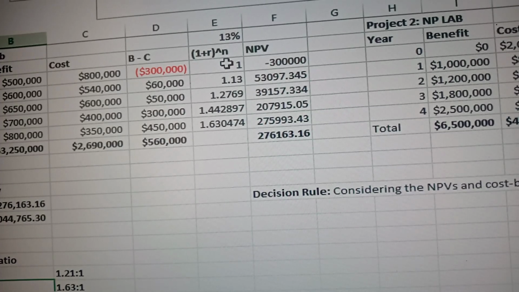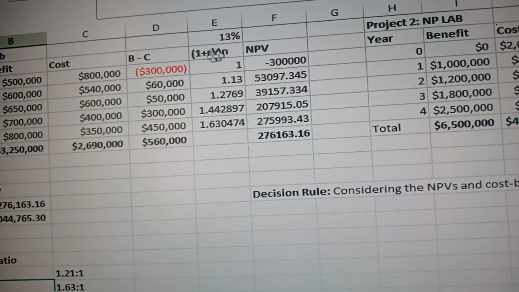Fortunately, in the question, they have given us the rate as 13% as the discounting rate. And that's a good thing. Without that, we wouldn't be able to move forward with this problem. But thank God, they have provided us with the discounting rate, which is 13%. So in this column, we need to plug in the rate of 13%.